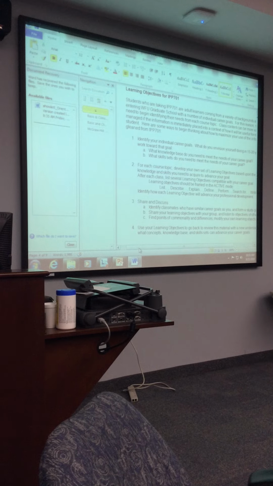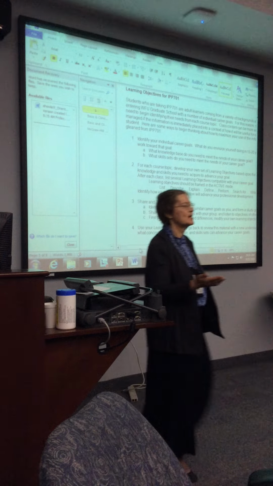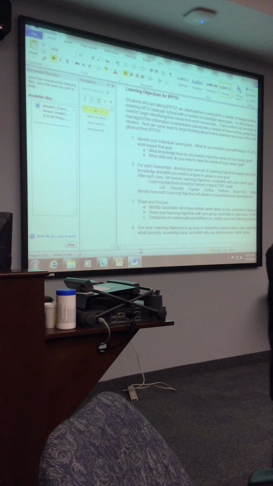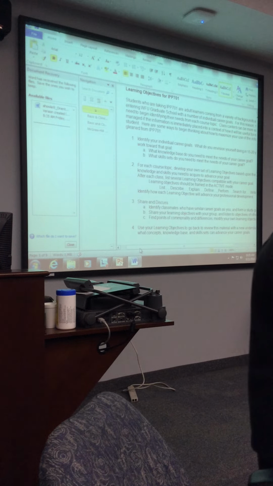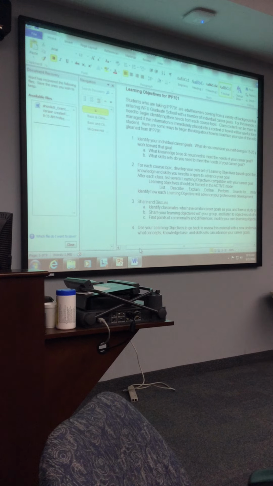The other thing is learning objectives. We've got a lot of lecturers. Most lecturers are going to start out with some kind of learning objectives, but you all have different career goals. So you're going to have to think about every tidbit of information you get as to how you can put that into your career goals and help you to make it stick in your brain in a way that your brain functions.